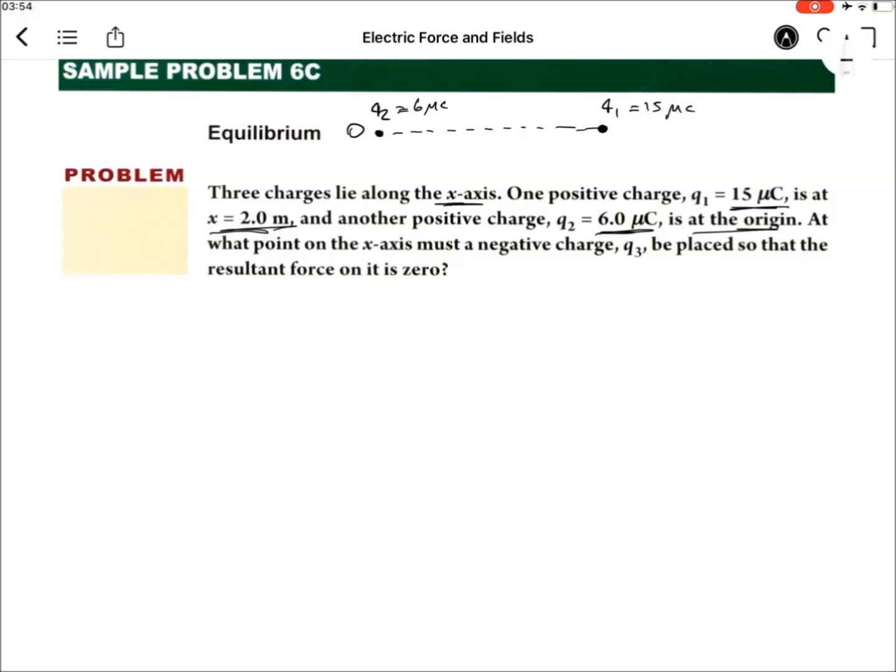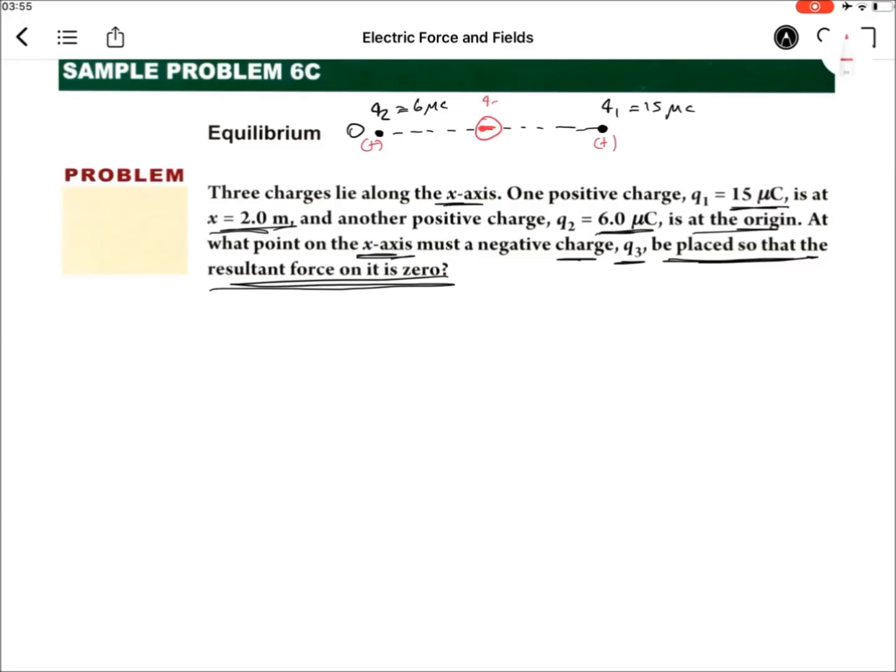And then, at what point on the x-axis must a negative charge Q3 be placed so that the resultant force on it is 0? In which case is it possible? The question says we have to place it here. This one is positively charged, this one is positively charged, and a negatively charged object we have to place here. So how can the force on it be 0?